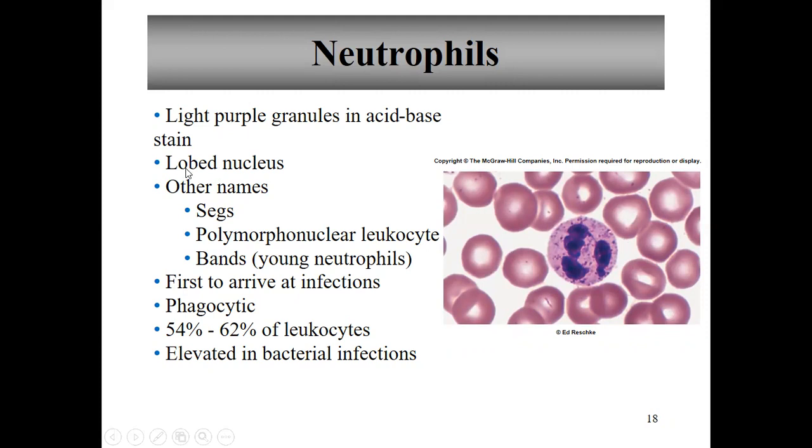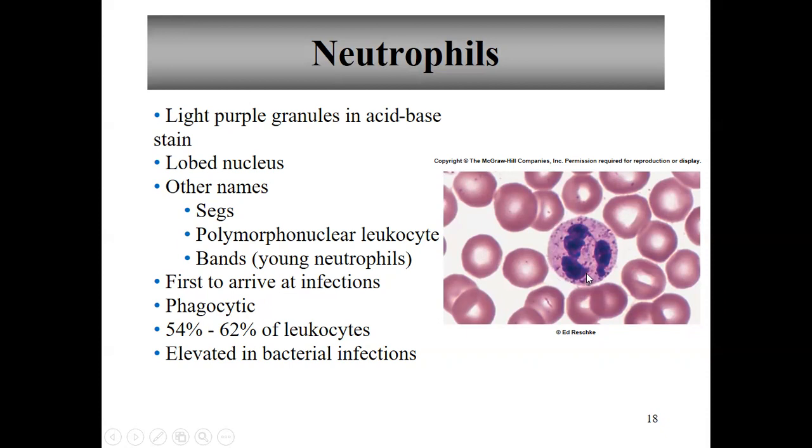So the neutrophils have a lobed nucleus. So you know what lobes are. Lobes are like big hunks of material. So when you look at this white blood cell, you'll see you have this light purple all around. That is your cytosol or your cytoplasm. You have the spots inside of it.